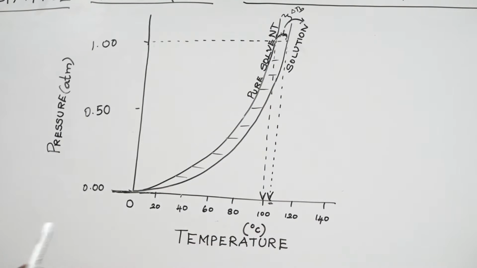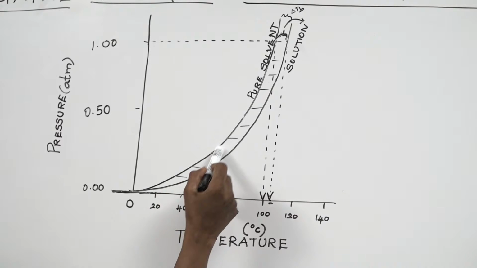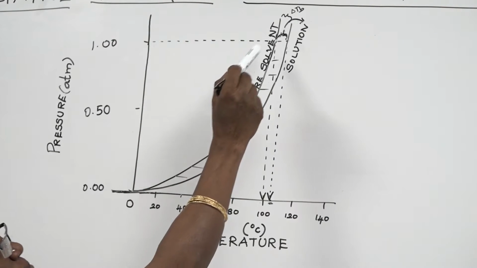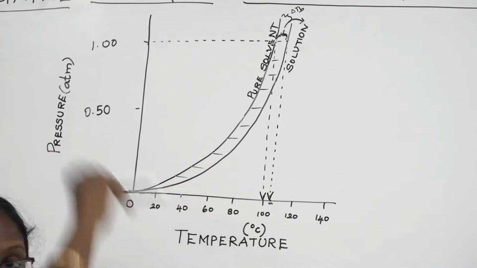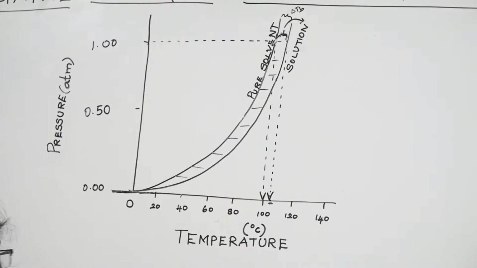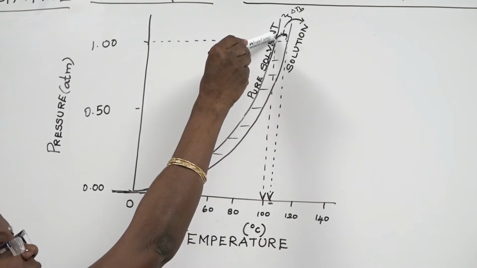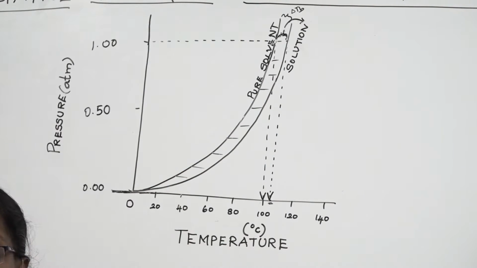As we increase the temperature of the pure solvent, the vapor pressure of this solvent increases, and at this particular point, the vapor pressure of the solvent and the atmosphere become equal. That is 1 atmospheric pressure. Note the temperature, 100 degrees centigrade.